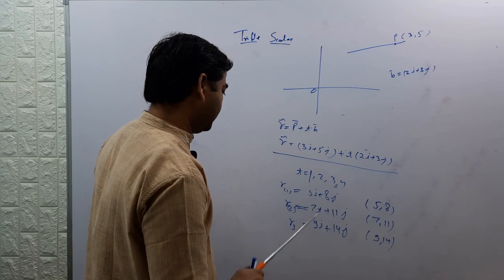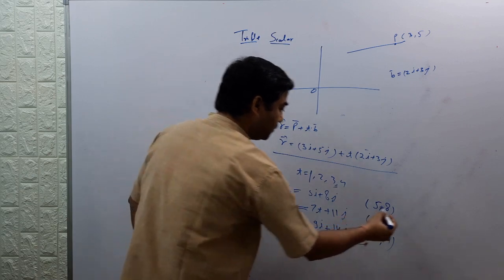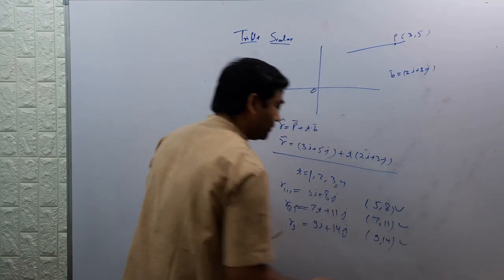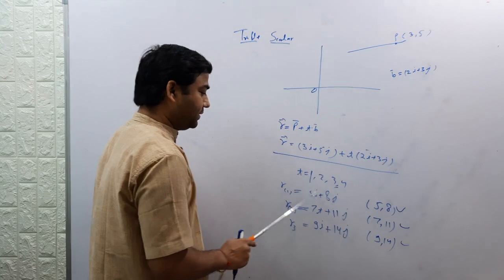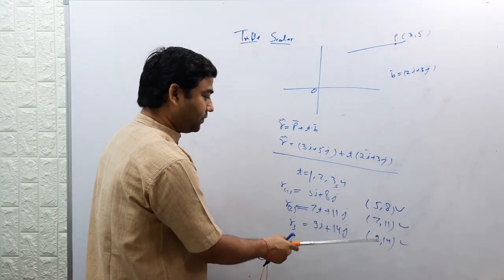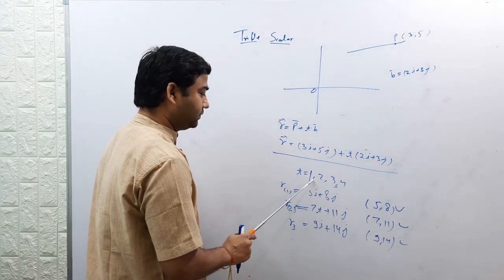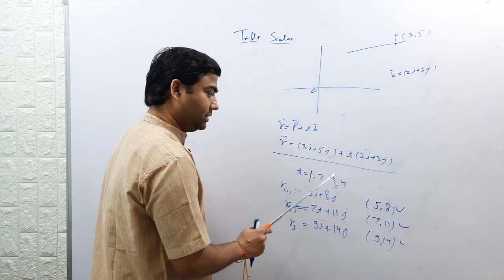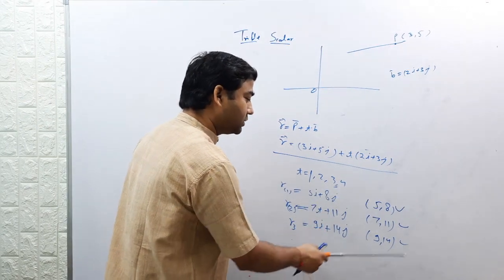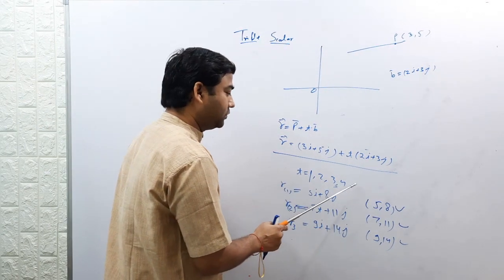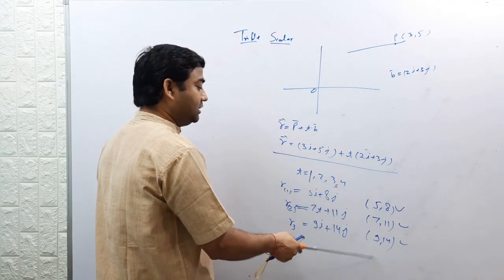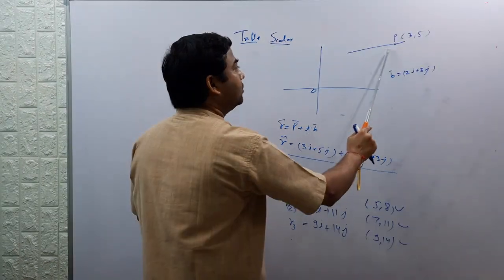So these are the points on the line, but we have found these points by putting t equal to 1, 2, 3. You can find some more points by t equal to 4, 5, 6, 7, 8, and these points will lie on this line.